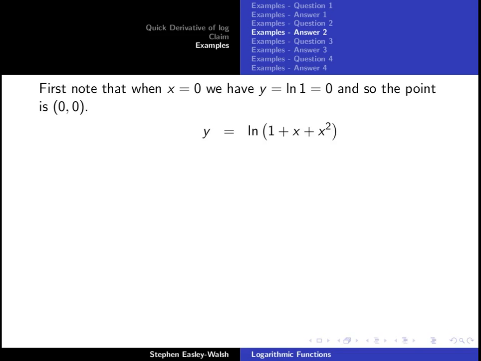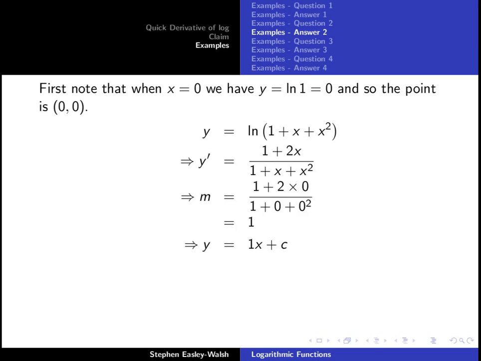The derivative here will be 2x over 1 plus x squared. We put in the point (0, 0) and we find that m is 2 times 0 over 1 plus 0 squared. That is, m is 0.